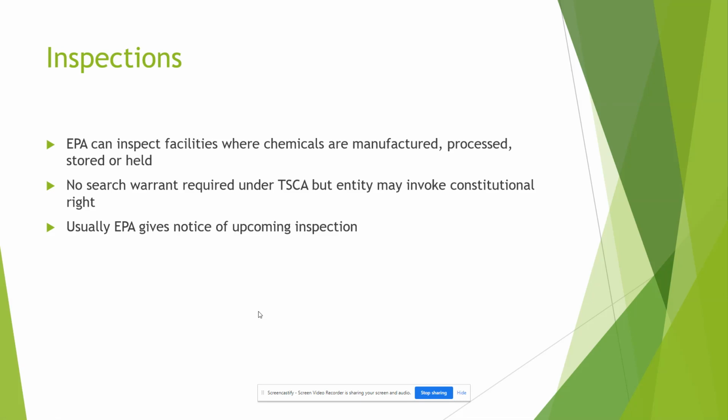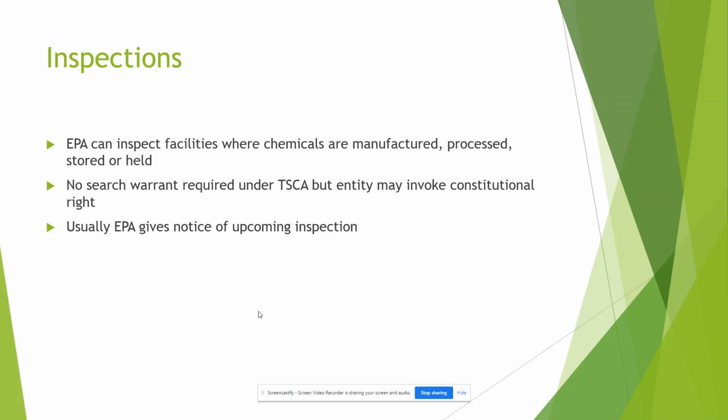Inspection. Section 11 of TSCA allows the EPA to inspect establishments where chemical substances are manufactured, processed, stored, or held, as well as conveyances used to transport such substances. Remember, we talked at the beginning that they can inspect or issue subpoenas for documents or to go on site. The inspections would cover the site, records, files, papers, processes, controls, anything that relates to TSCA.